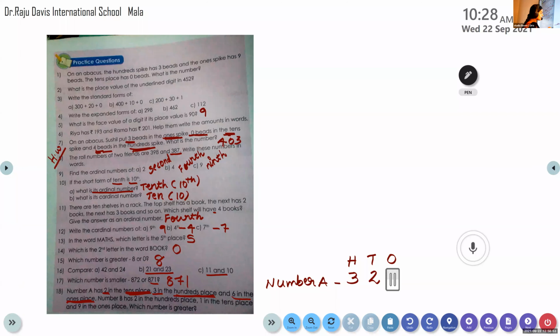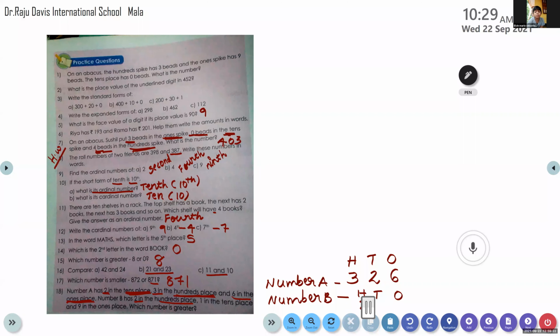Now let us find out number B. So what is number A? You all read that. Please read number A. 326. Now next number B is given. Number B has 2 in the hundreds place. So in hundreds place, which digit we have to write? 2.